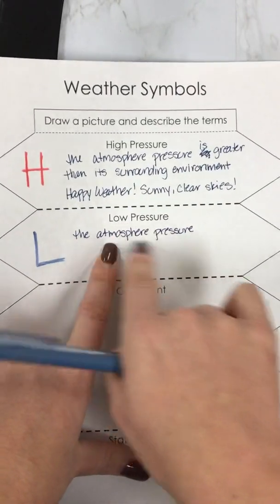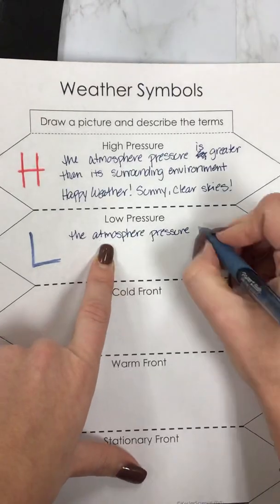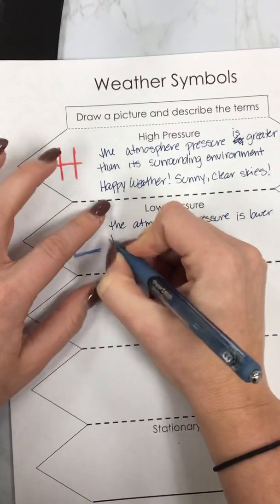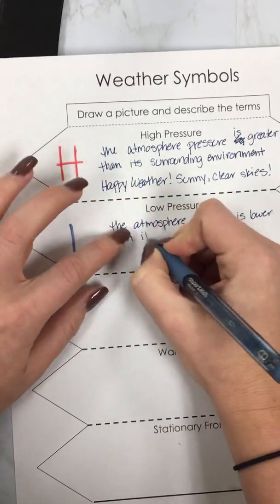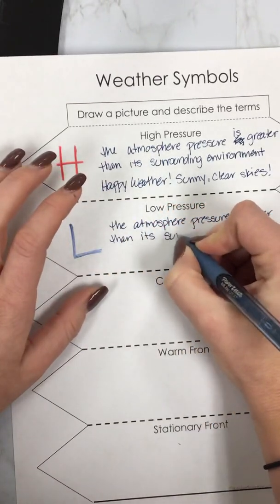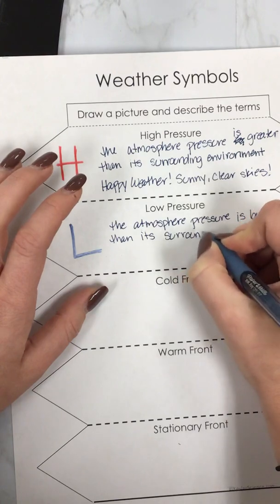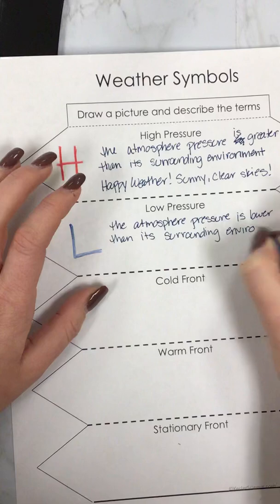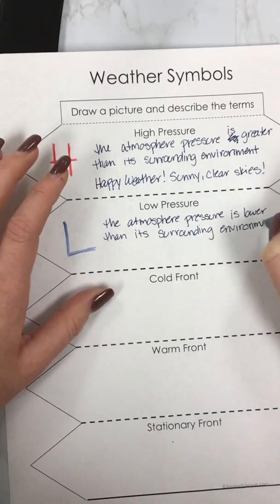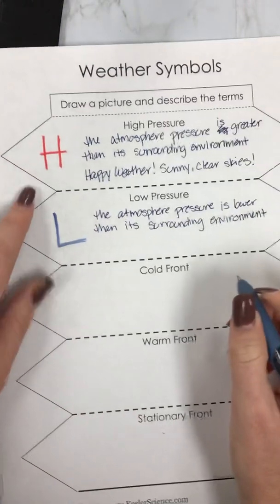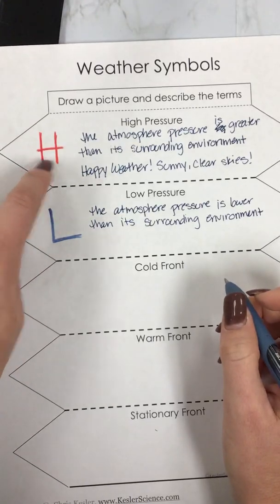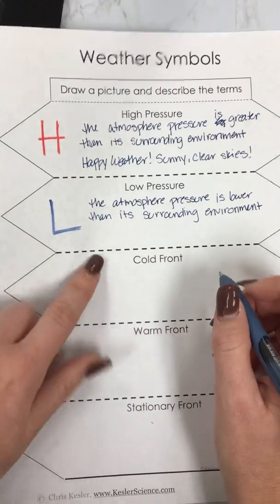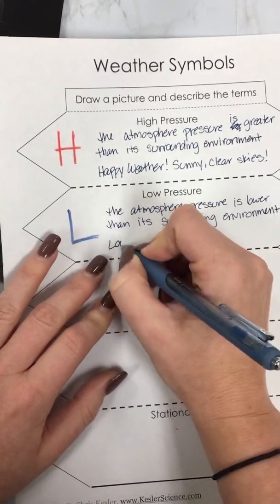For a low pressure system, the atmosphere pressure is lower than its surrounding environment. So what is this going to make it look like? H was our happy weather, high pressure, happy weather. For our L, how we're going to remember it, low pressure, L, this is lousy weather.